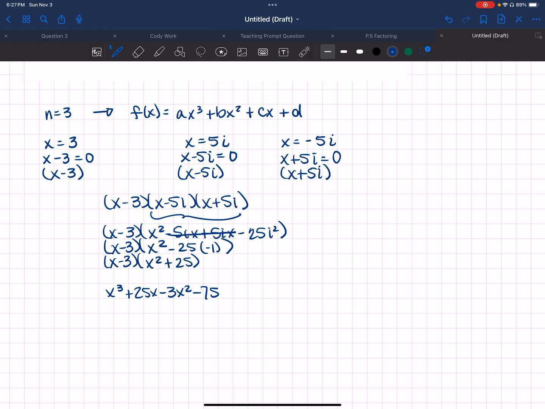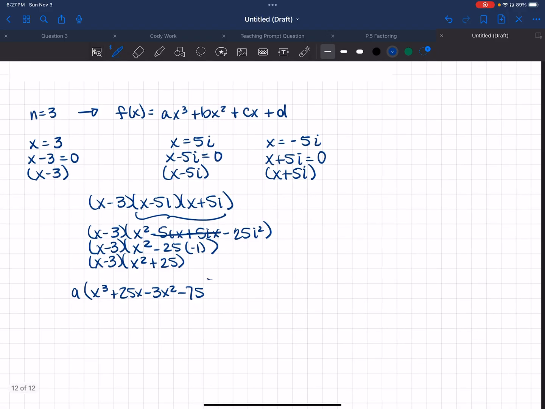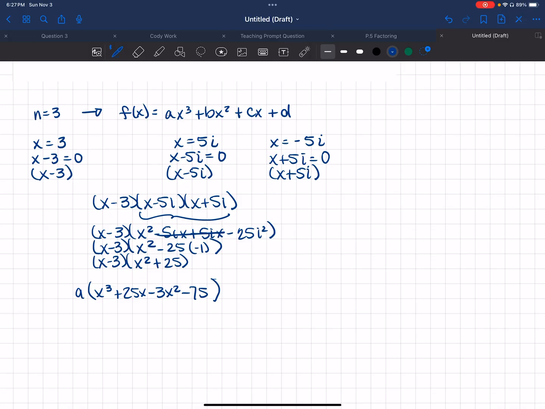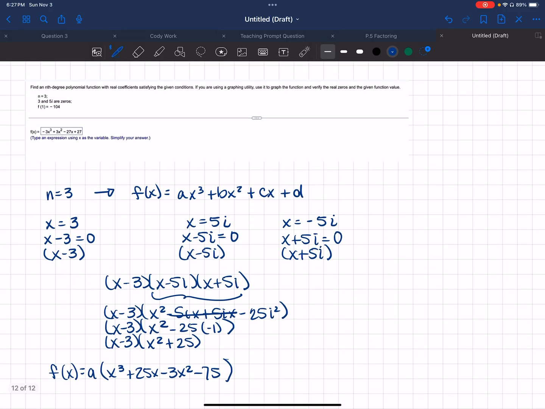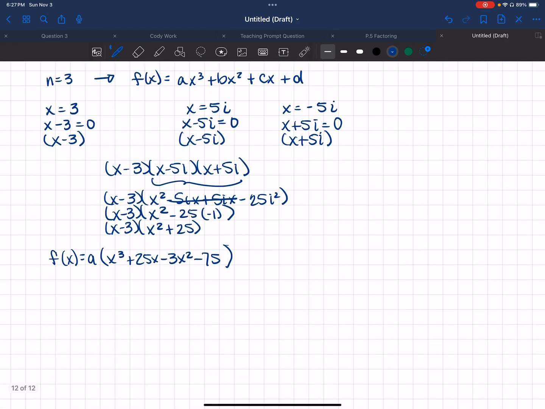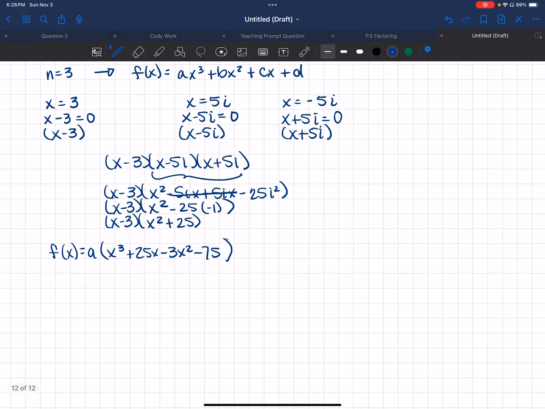If I pulled an a out of all of this, so let's say originally I had some a times that polynomial that I pulled out. This is what I have left in here. And we're saying this is f of x, okay? So this third part is saying that if I put a 1 in there, I should get a negative 104 as an answer.